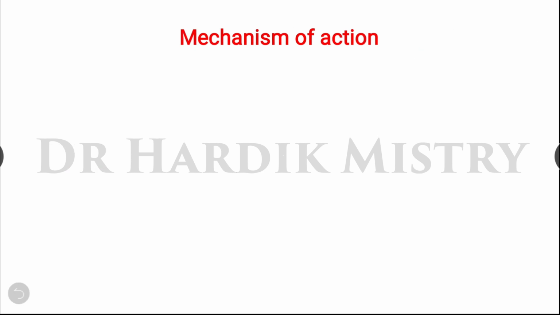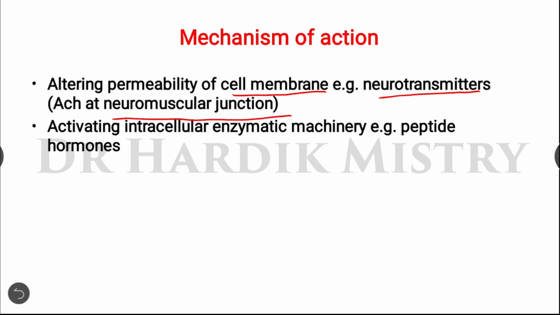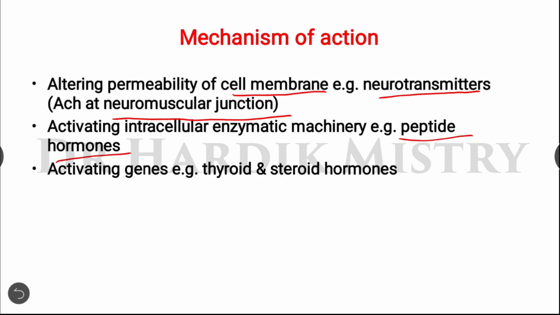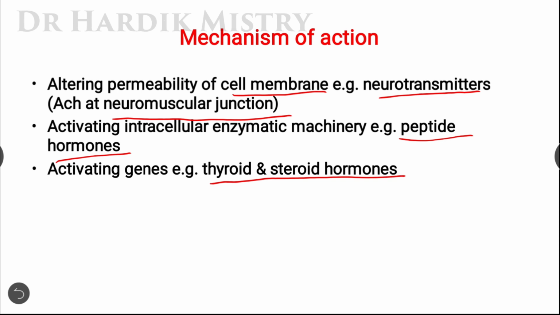Now the mechanism of action. First, it alters the permeability of the cell membrane, for example neurotransmitters such as acetylcholine at the neuromuscular junction. Second, activating intracellular enzymatic machinery; this is for peptide hormones. Third, activating genes; this is the mechanism of action of thyroid and steroid hormones.